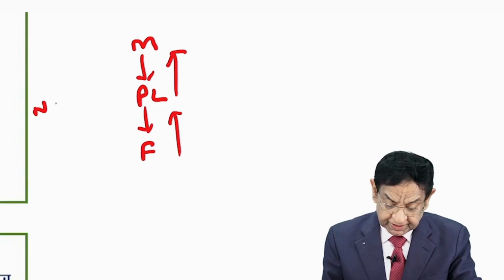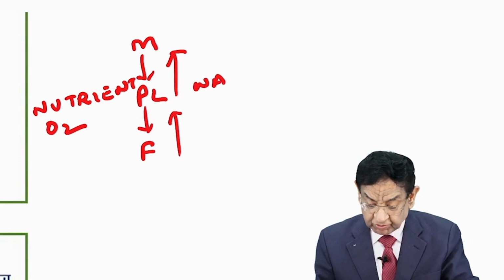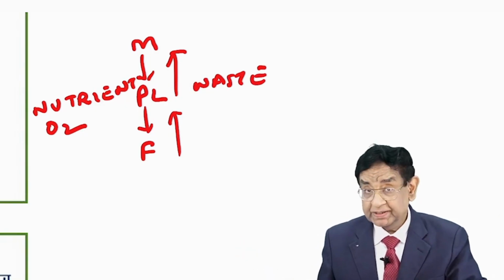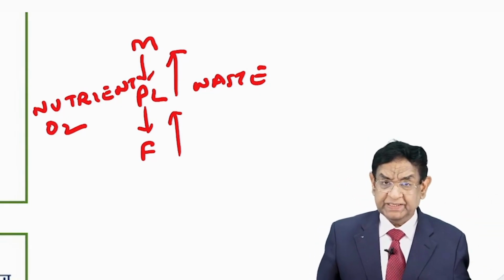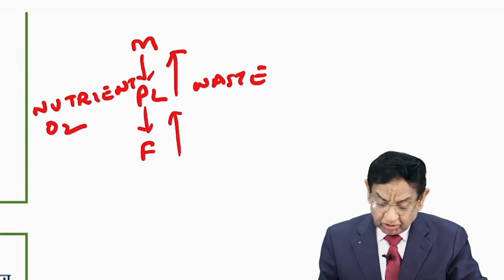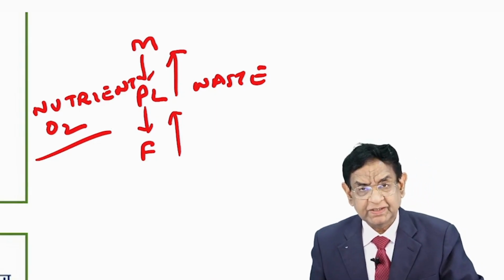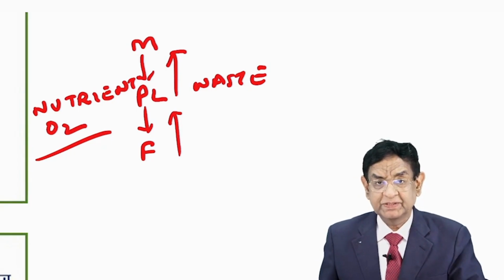Nutrients, including oxygen, and all the body waste, they go like this. Lovely, normal. God created our body in such a way, I always say, God is the greatest engineer. So even oxygenation is coming from the mother only. So now lungs have no special extra purpose.